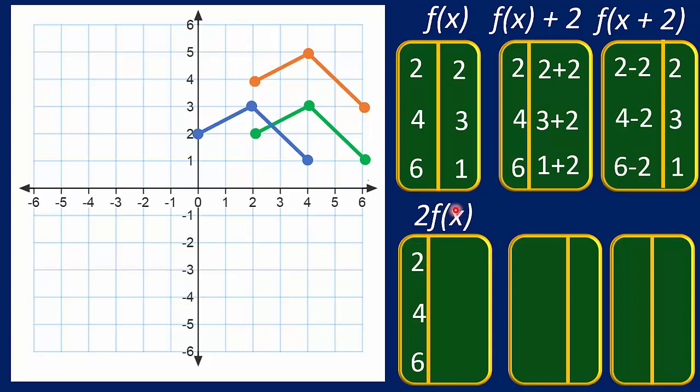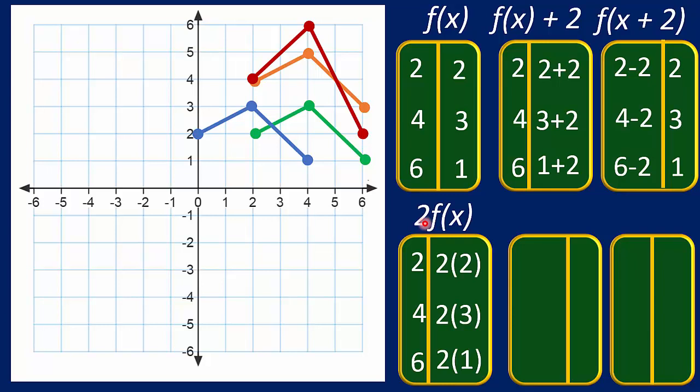As we plug in a value for x, the function gives its output, and then it gets multiplied by 2. In other words, all the y's are multiplied by 2. And the effect of that is it stretches the function out vertically, like this. Okay? So it's a vertical stretch.